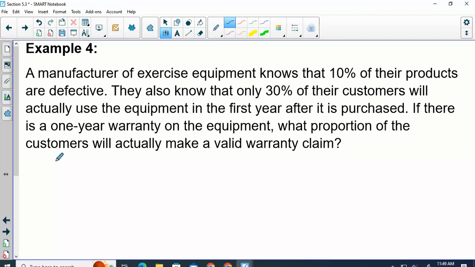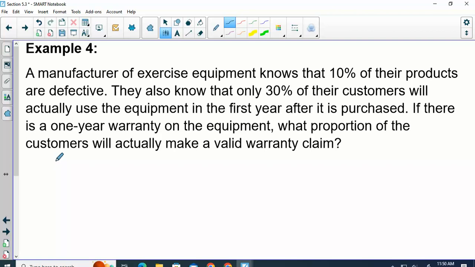So they're basically trying to figure out how many of these are we actually going to have to replace. We know 10% of our products are bad, but if somebody never uses it, will they figure out there's something wrong with it? No, and if only 30% of the people are actually using it, there's a pretty good chance that they're never going to use it, so they'll never have to replace it if something's wrong with it.